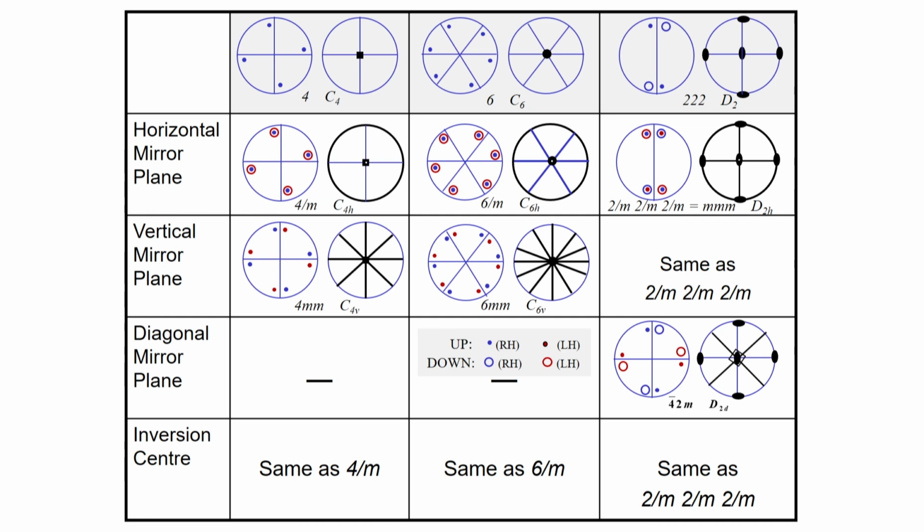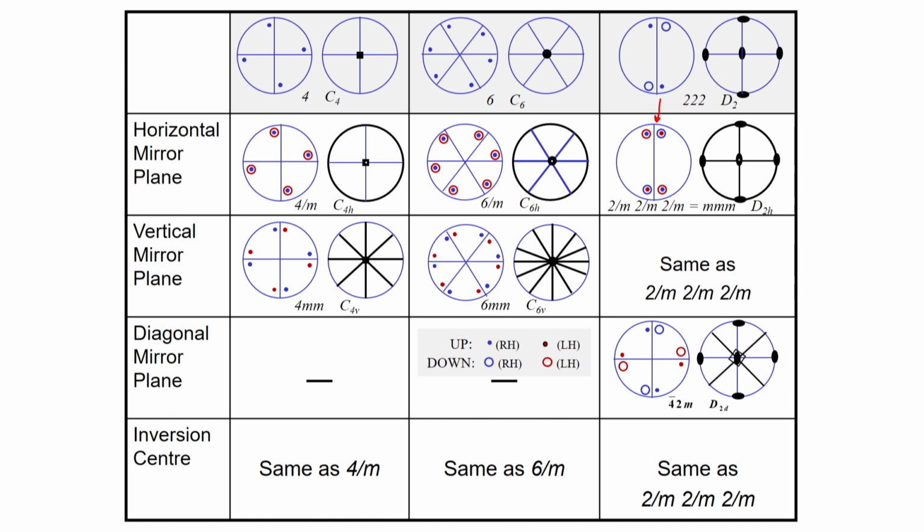Now coming to the 222 point group, when I add a horizontal mirror, it is going to be perpendicular to one of the two-folds, and you can see how the stereogram will change because of the horizontal mirror.